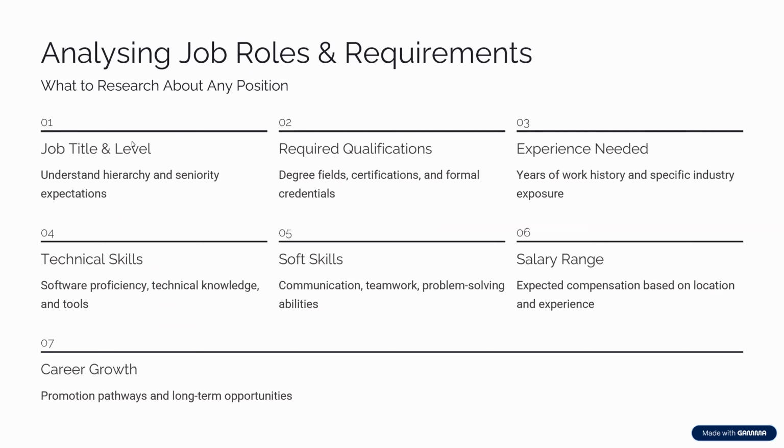The next thing we want to talk about is the analysis of job roles and job requirements. When you do the research, this will help you know exactly what you're going to do for the research that I've given you. The first thing you're supposed to do is to look at the job title and the level, because when you understand the job title and the level, it will help you to understand the hierarchy and the expectation.